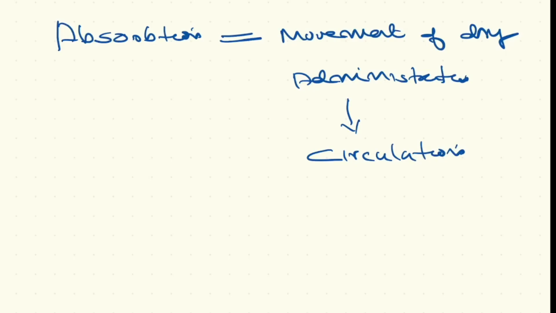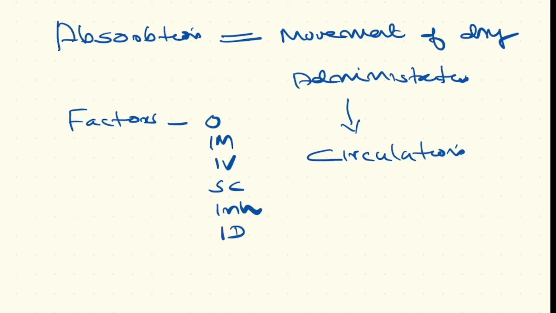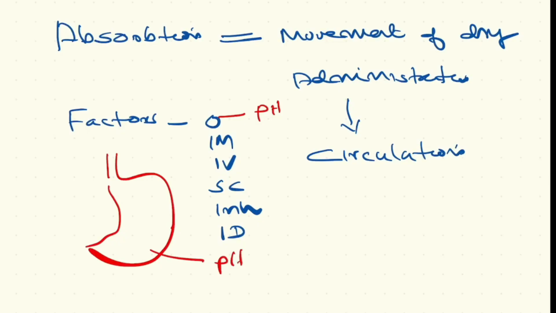What are the factors that influence absorption? One, the route of administration, whether it is oral, intramuscular, intravenous, subcutaneous, inhalation, transdermal, all very important factors. Suppose we are giving orally, the gastric pH is important, and the gastric emptying time of the GIT.